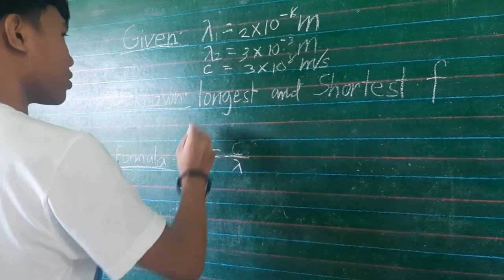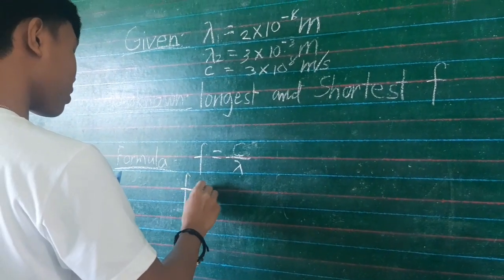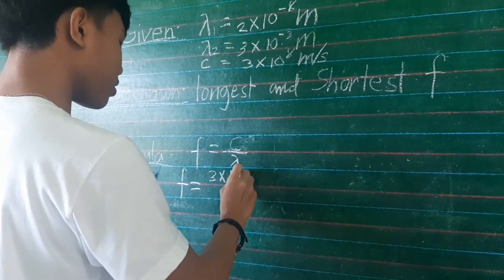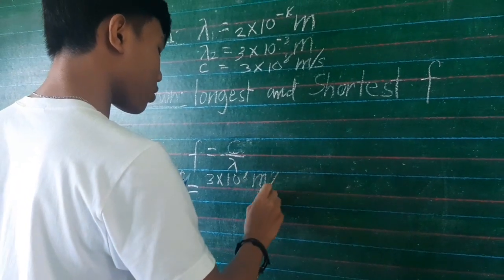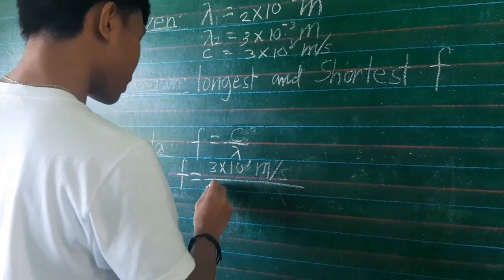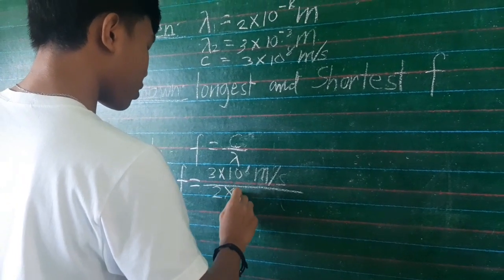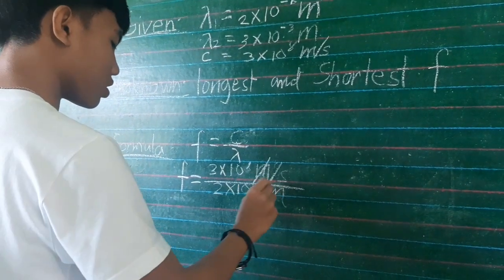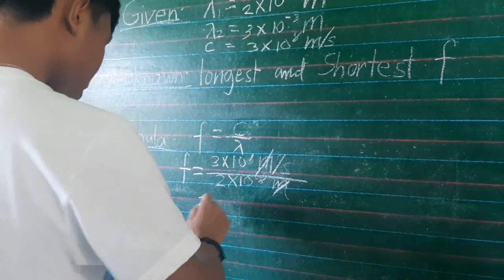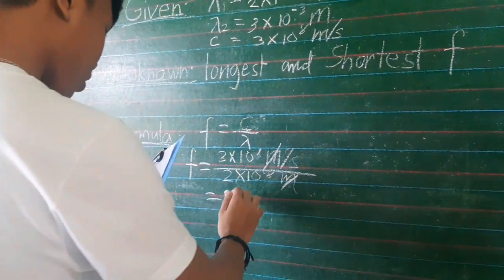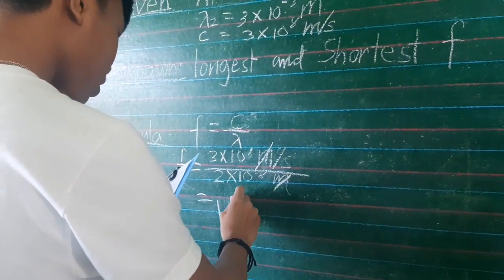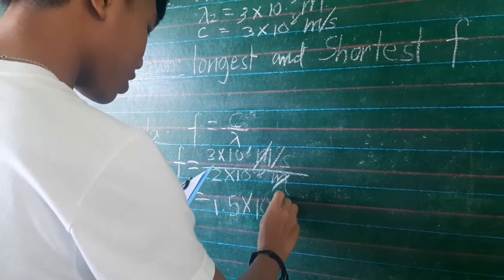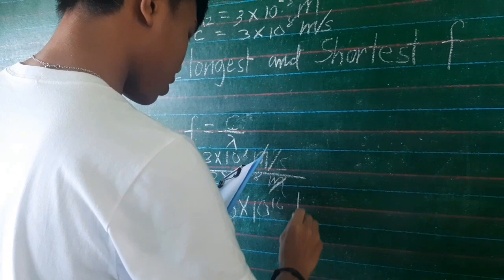First, we will use wavelength 1. So, F equals 3 times 10 raised to 8 meters per second over 2 times 10 raised to negative 8 meters. Cancel. And the quotient will be 1.5 times 10 raised to 16 hertz.